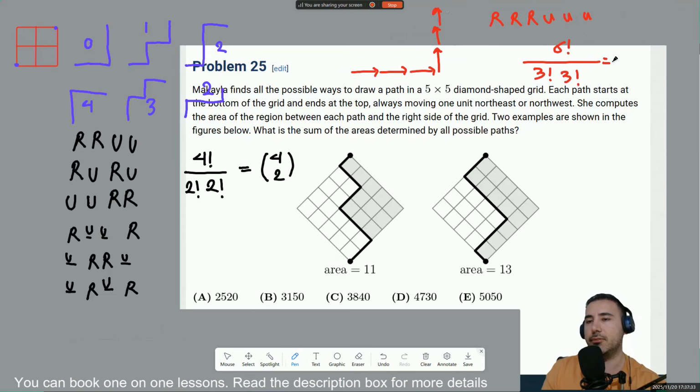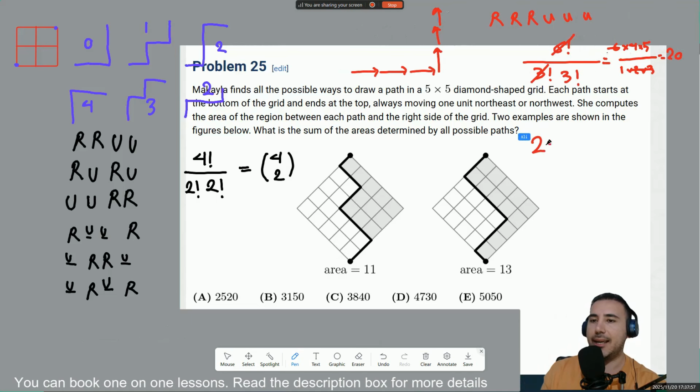So we need to simplify this. That is 6 times 5 times 4. If I divide this by this, it's going to be this. And then this 3 factorial is just 1 times 2 times 3. This cancels this, so it's going to be 20. So I have 20 paths.